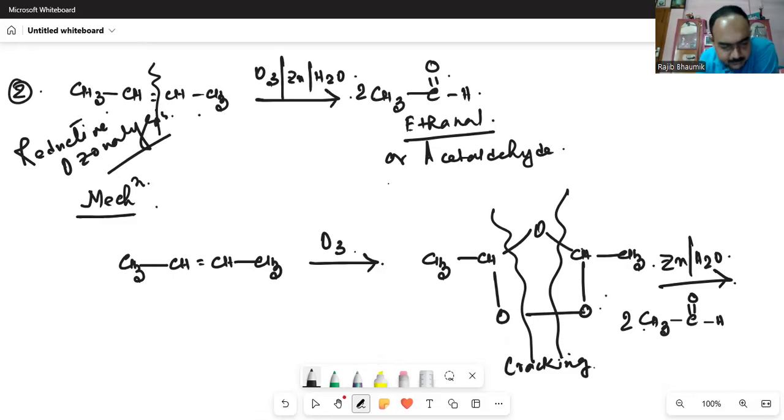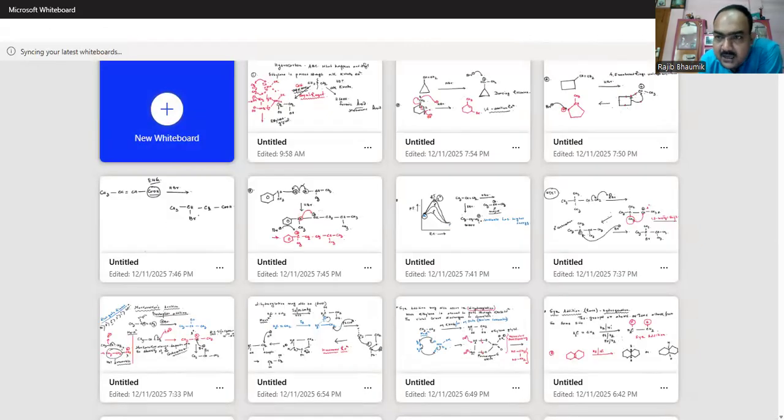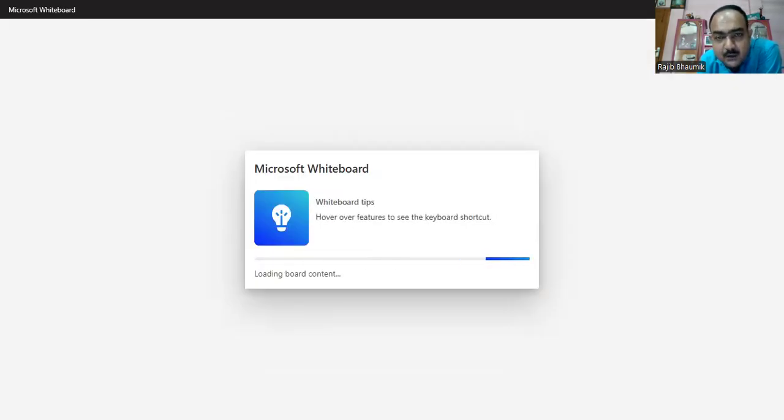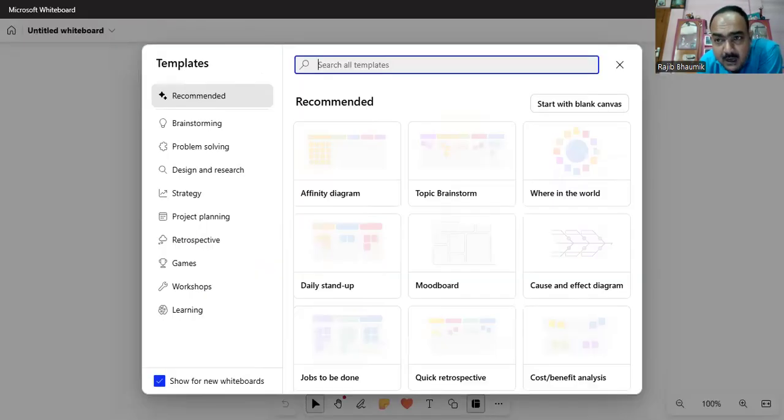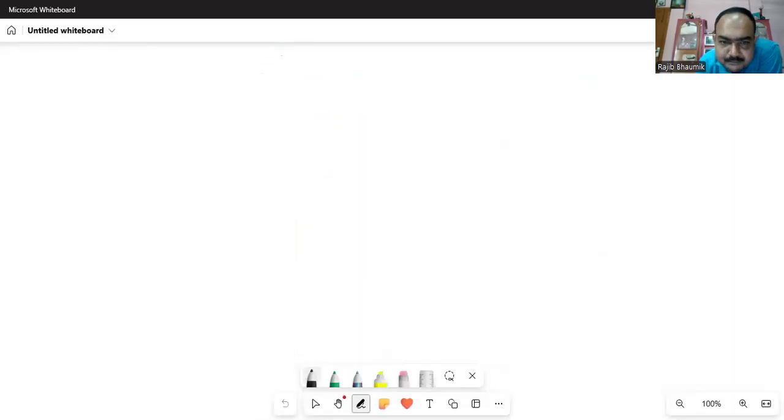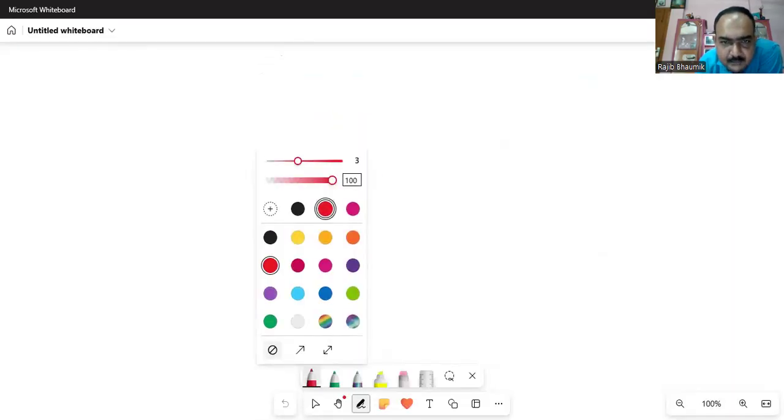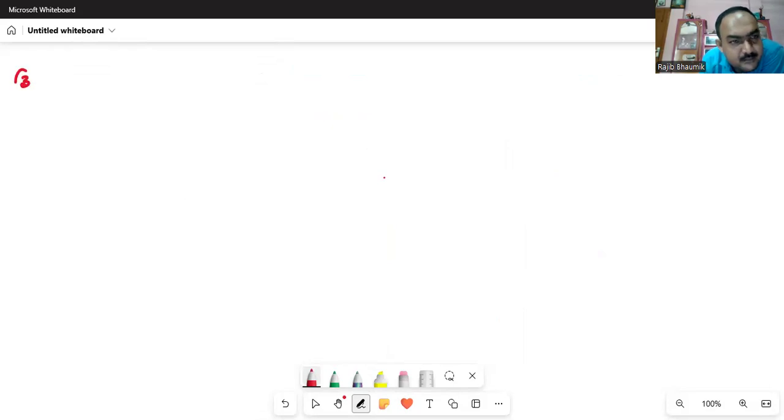Number 3: propene reacts with water in presence of mineral acid. It is very easy. Markovnikov addition will happen here, along with hydrolysis. Propene undergoes reaction with H3O plus.